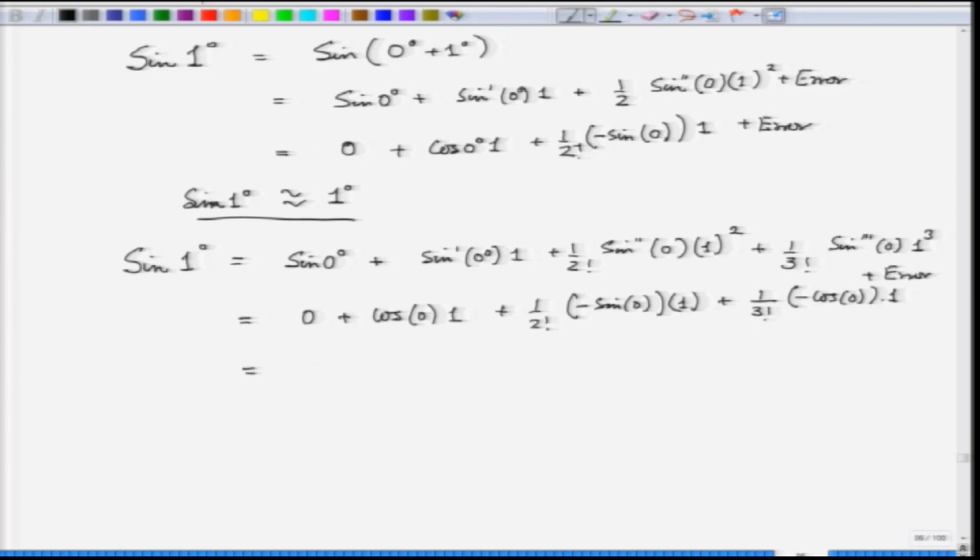So, it is becoming 0 plus 1 plus 0, cos 0 is 1, so 1/3 into minus 1 into 1. So, it is becoming 1 minus 1/3. So, it is 2/3. So, see now sine 1 degree is 2/3. So, I have a better approximation now plus error.